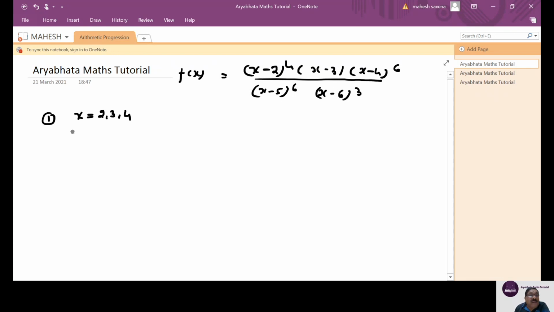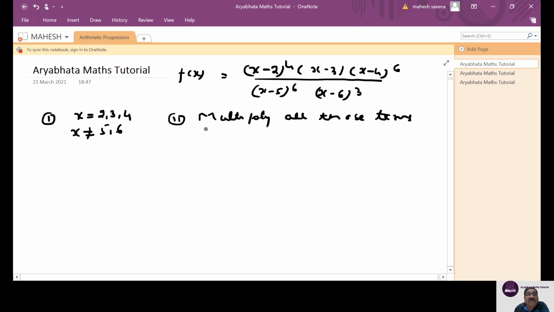Therefore, x cannot be 5, 6. In the second step, multiply all those terms which have odd powers.